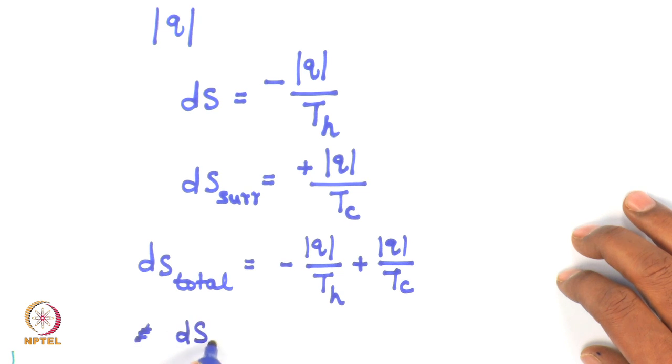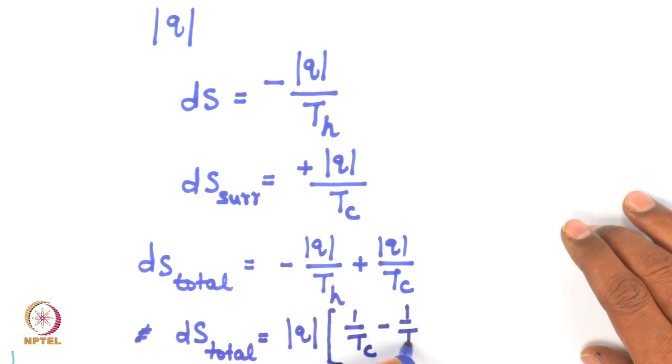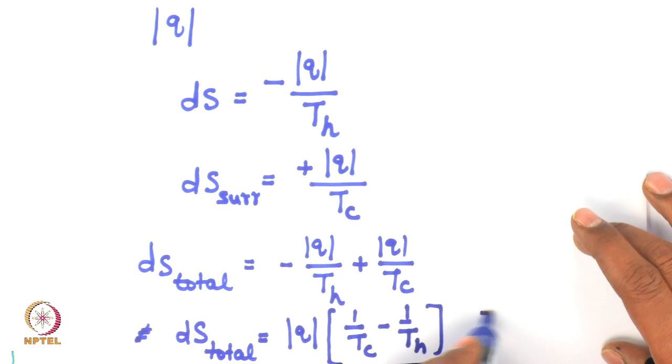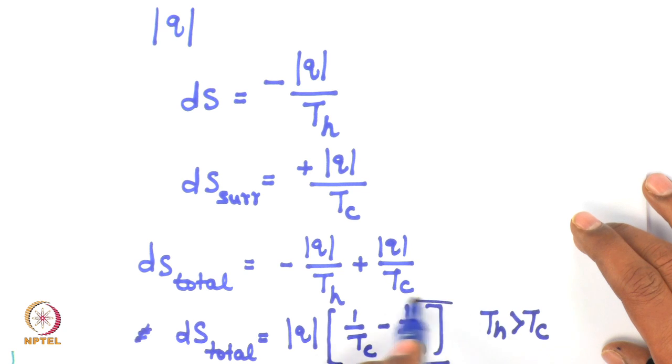Let us take Q out, and inside we have 1 over Tc minus 1 over Th. And obviously from here you see, since Th is greater than Tc, this whole quantity is greater than 0.